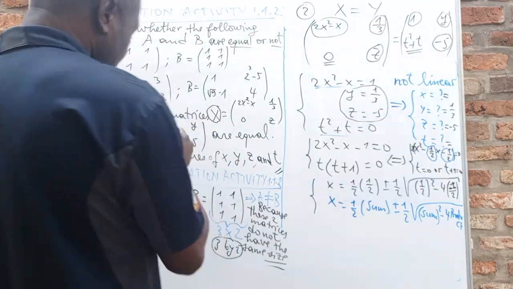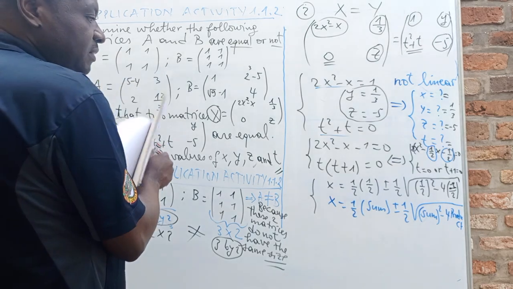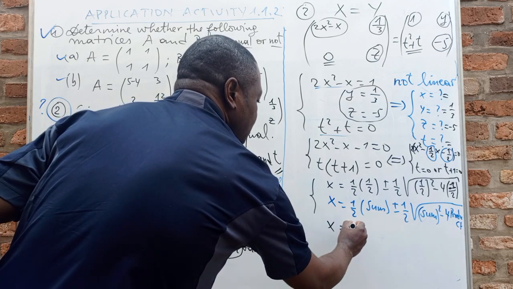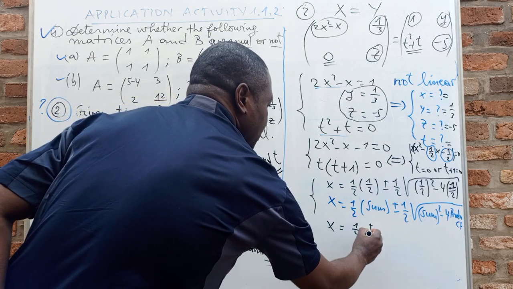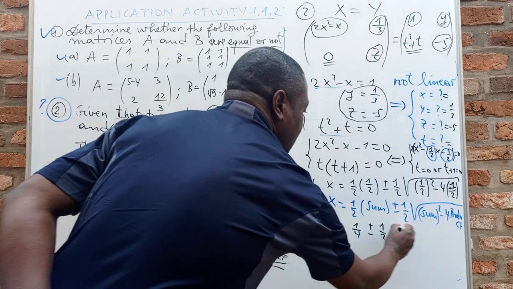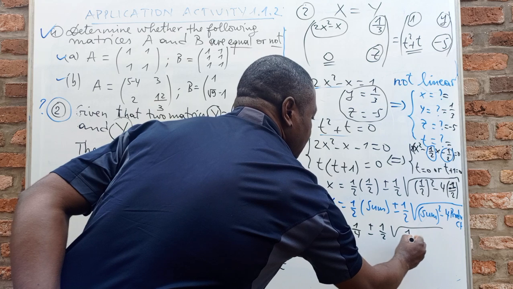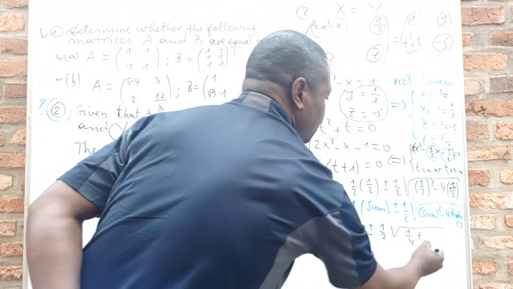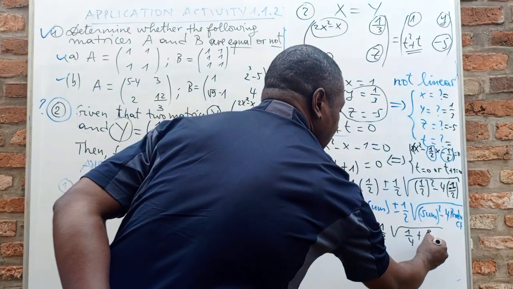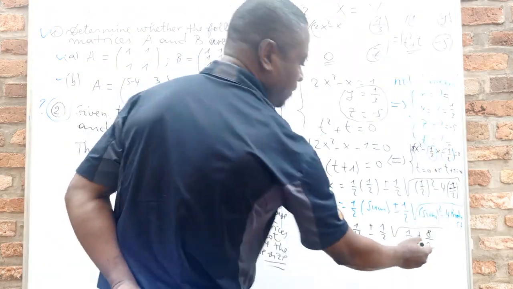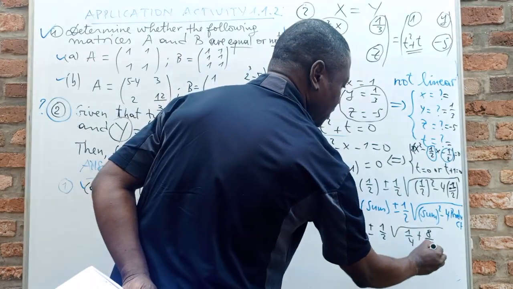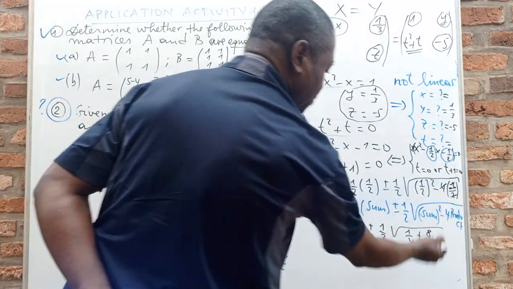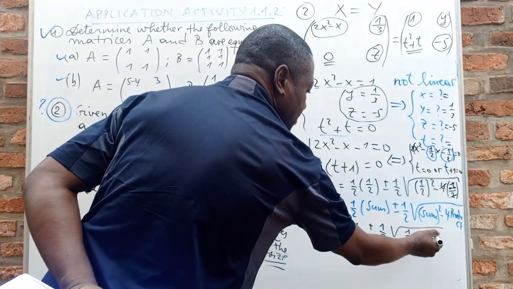Our calculation brings x equal to 1/4 plus or minus half of the square root of 1/4 plus 4/2, which is just 2. With a common denominator, it is 8/4.